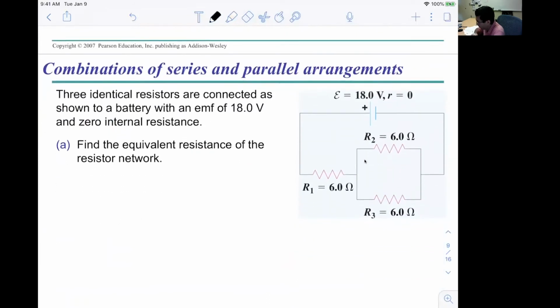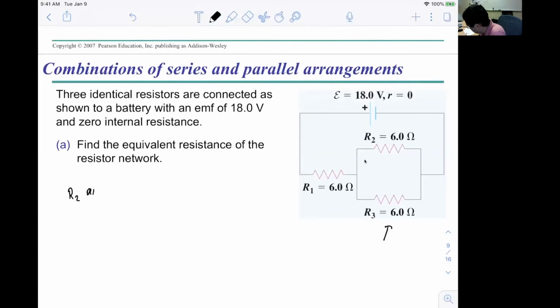So what happens when you have multiple resistors in parallel and in series? Then you can simplify one by one. First, you can start with the parallel resistors. For example, here R2 and R3 are parallel, so you can simplify them first. We did this also with capacitors.